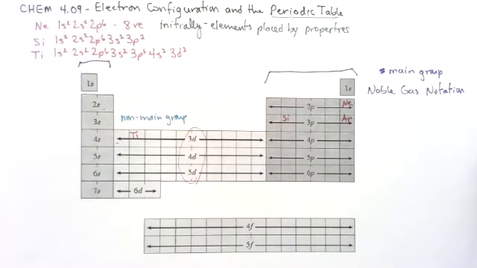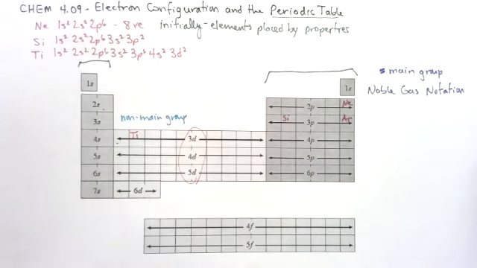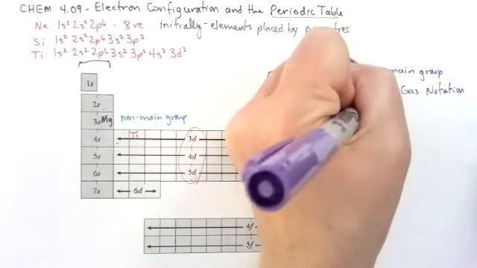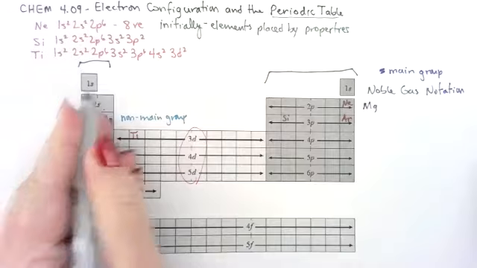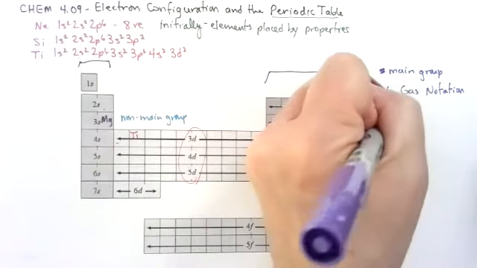Let me give you some examples of how this works. Let's do magnesium. If I write out magnesium in long form, I would have 1s2, then I come down and the 2s2 are filled.